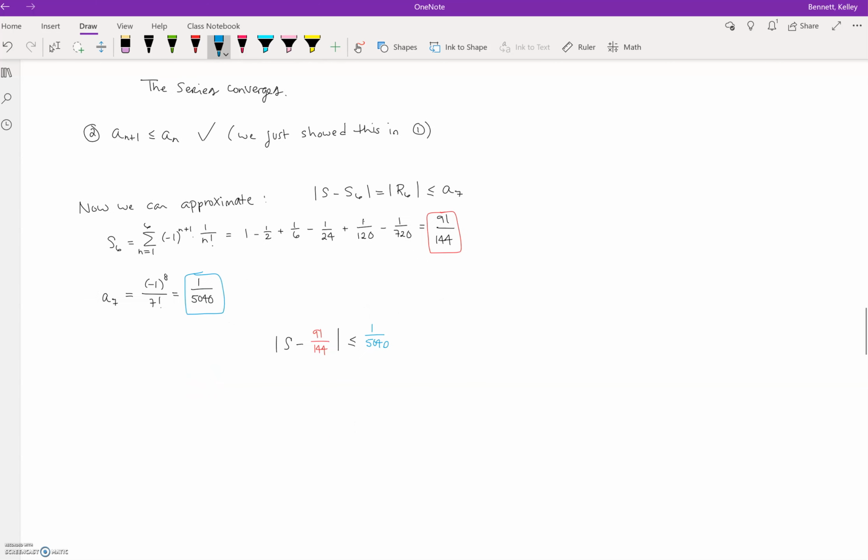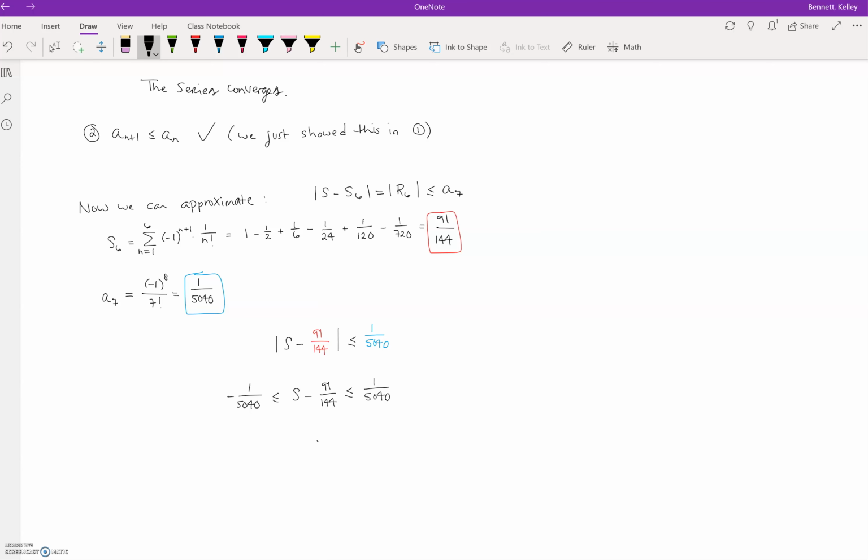From here, we can create an interval. We would get negative 1 over 5,040 is less than or equal to S minus 91 over 144, which is less than or equal to positive 1 over 5,040. I'll add 91 over 144 to both sides.